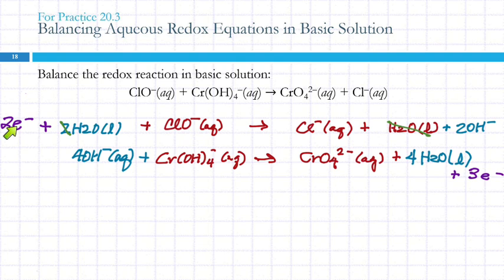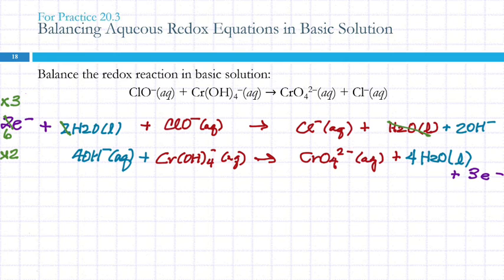I've got 2 up here and 3 down here. So the top one I'm going to multiply by 3, and the bottom one I'm going to multiply by 2. So if I'm multiplying by 3, that gives me 6.